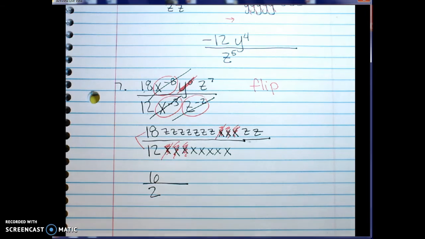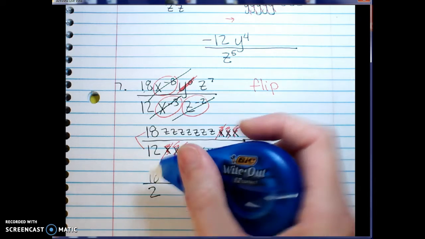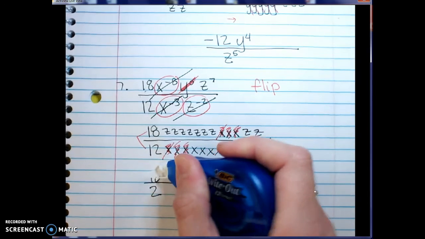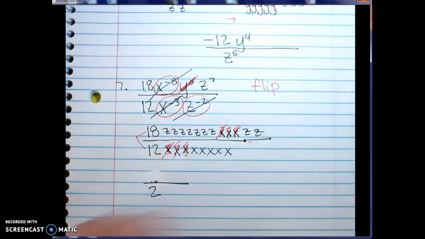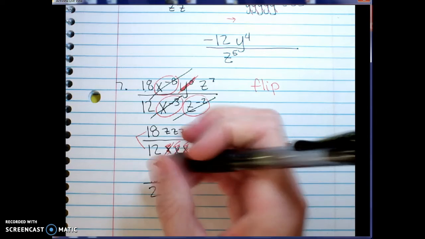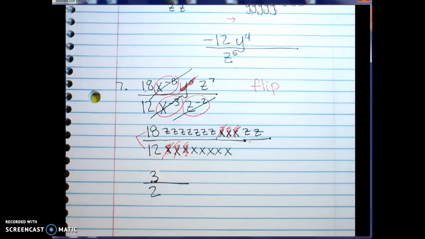Why did I write 6? I don't know why I wrote 6. I divided by 6. That answer should have been 3 on the top. Don't mind me. Hopefully you guys wrote in pencil. That should have been a 3 on top. There we go. You can't reduce it further than that. Sorry. 3 over 2. My bad.